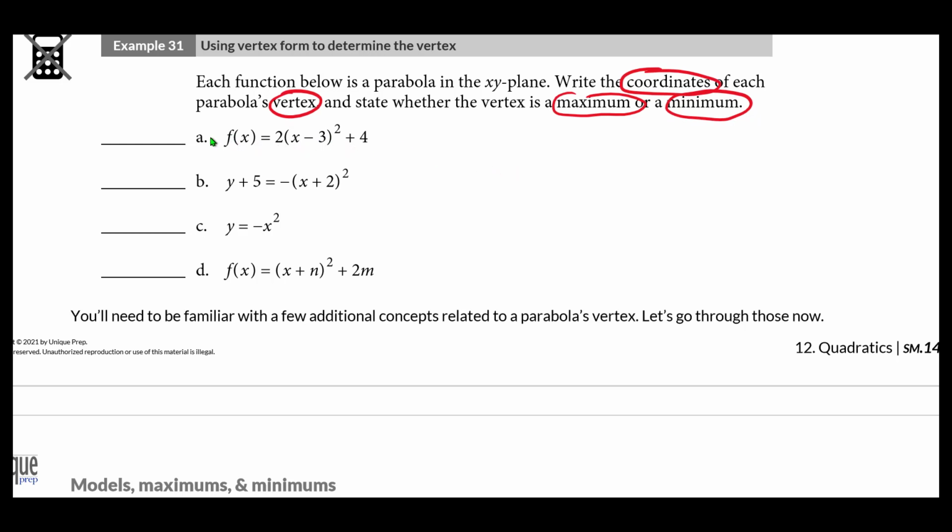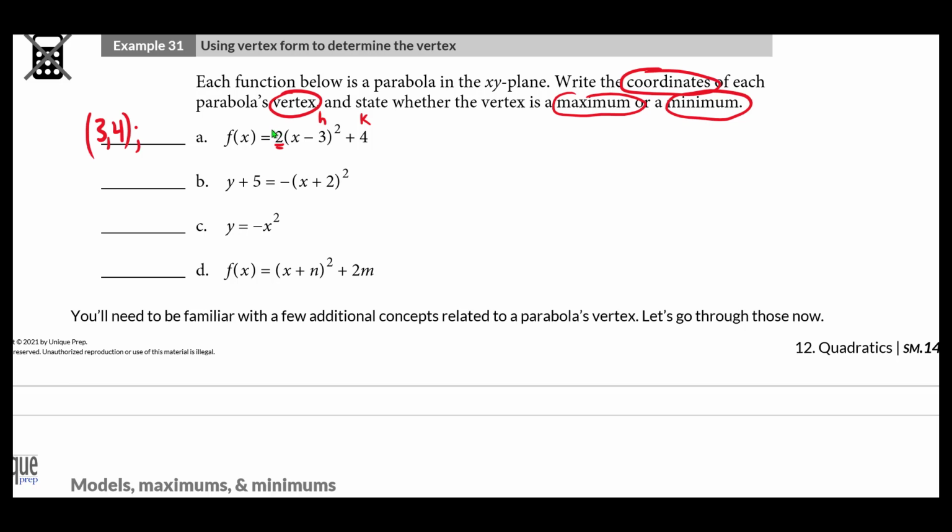So 31a, this is the equation that is already in pure vertex form. We should be able to see that the 3 is in the h position and the 4 is in the k position. So we know that the vertex here is going to be 3, 4. Now whether that vertex is a maximum or minimum, remember that will have to do with the a value.